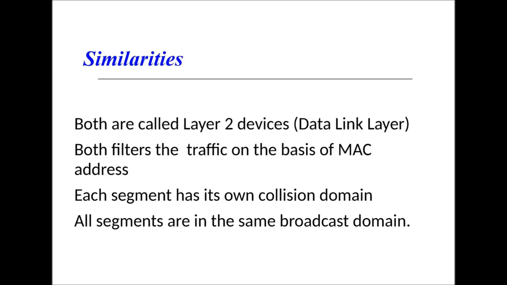Second point, both filter the traffic on the basis of MAC addresses. So the switch as well as the bridge filters the traffic on the basis of MAC addresses, and on the basis of MAC addresses, data is transmitted to the intended specific destination, and this is called unicasting. Next point, each segment has its own collision domain. We have discussed collision domain in detail. All segments are in the same broadcast domain.